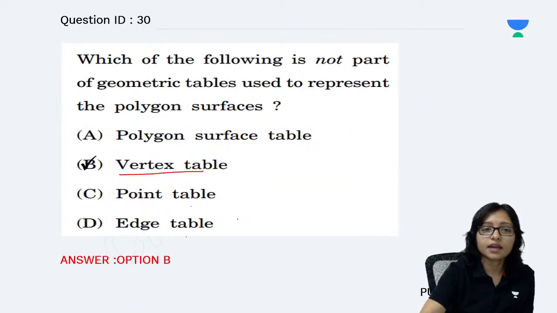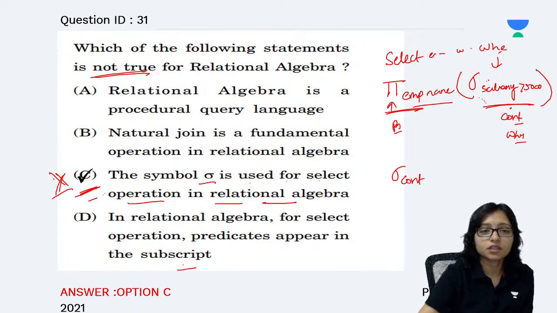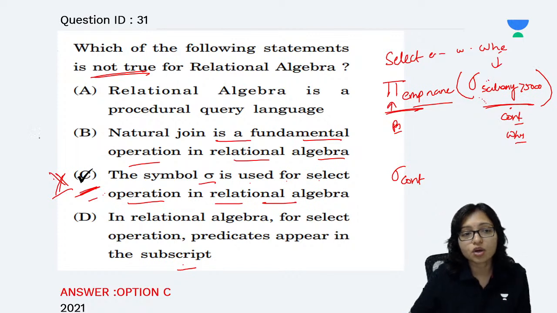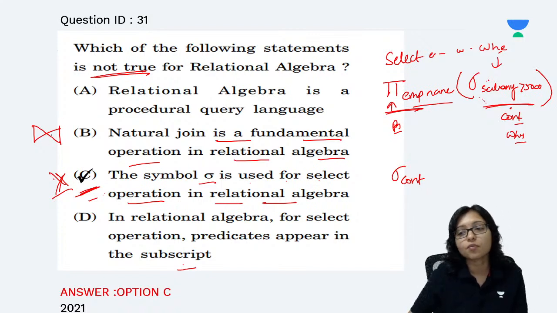So see that here your doubt is in this question. Natural join is a fundamental operation of relational join. Why are you thinking it's not? Because for natural join a specific symbol we are using, and natural join is specifically doing some work.